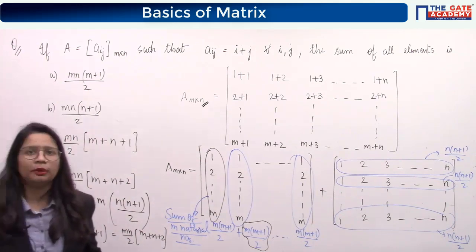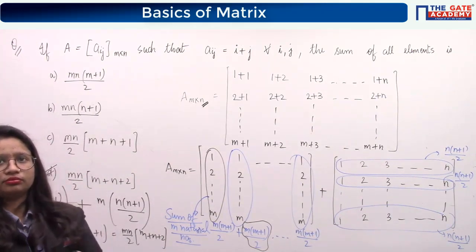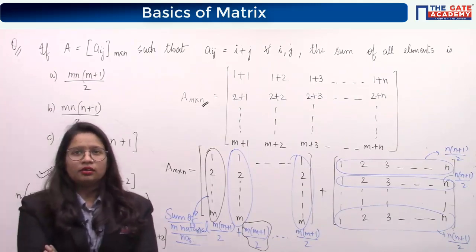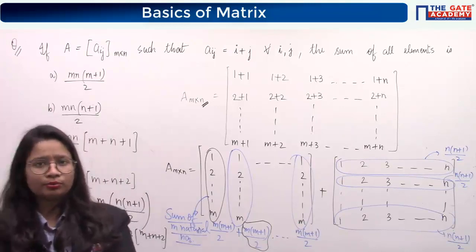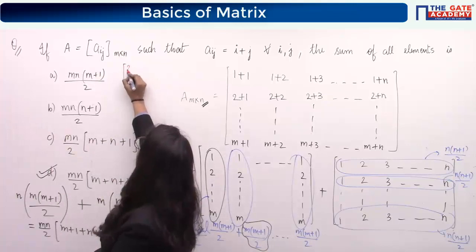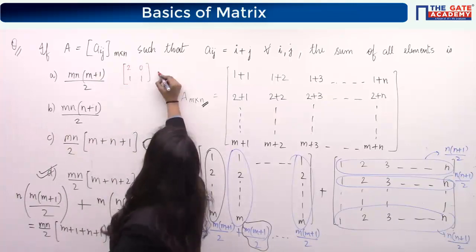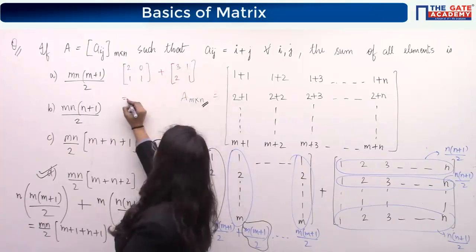How did you split the matrix? Actually I split it because I know how to add two matrices. If I have two matrices, let's say 2 1 0 1 and some other matrix 3 1 2 1, how do you add them?